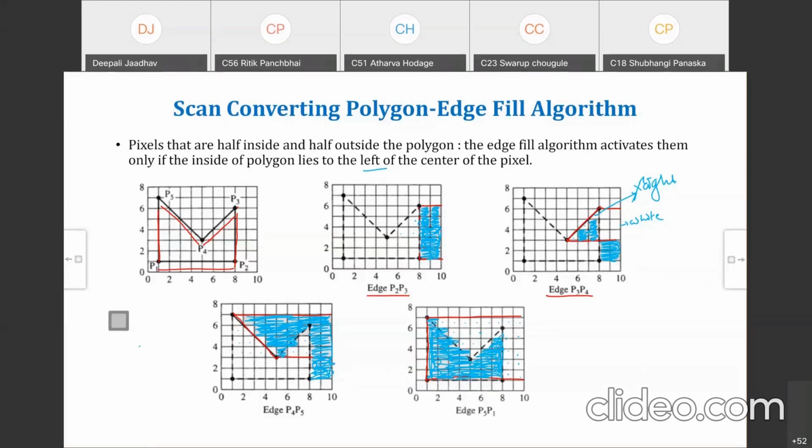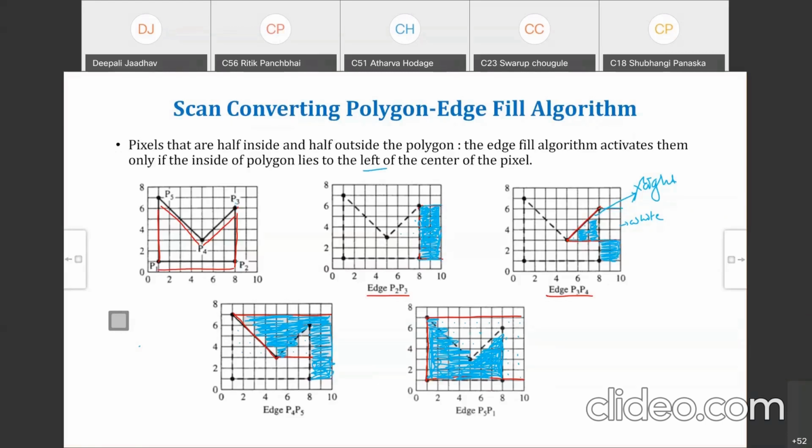See, once again I am repeating this one. Here we start edge by edge, and that's why it is known as the edge fill algorithm. First we start with the edge P2 to P3 and complement all the pixels on the right hand side, from background to polygon color. Then we go for the P3, P4 line and complement all the pixels.